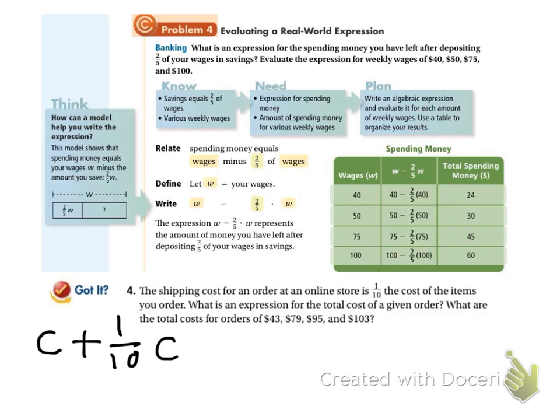Now if I make a table like the one they have there, I think I'm going to need to make that a little bigger. So I'm going to have $43, and if I plug that into my expression, that's 43 plus 1/10 times 43.